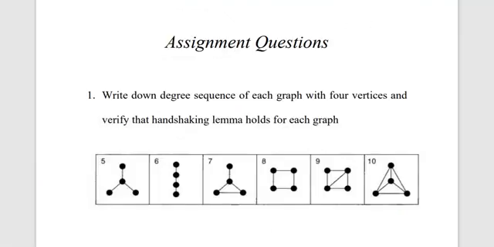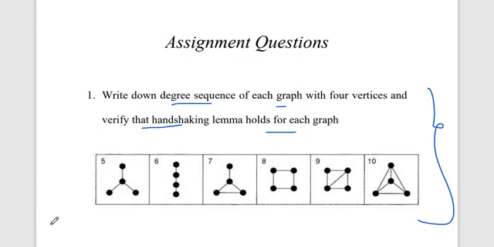Now here is your today's assignment question. You have to write down the degree sequence of each graph with these 4 vertices, and verify that the handshaking lemma holds for each graph. You have to verify that the sum of the degrees of the vertices is an even number.